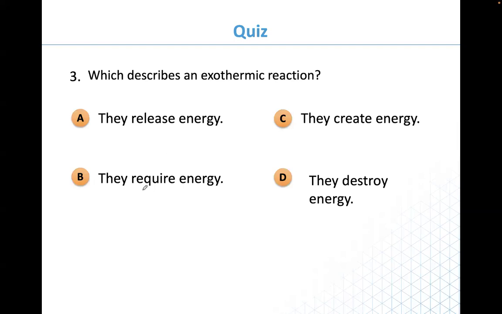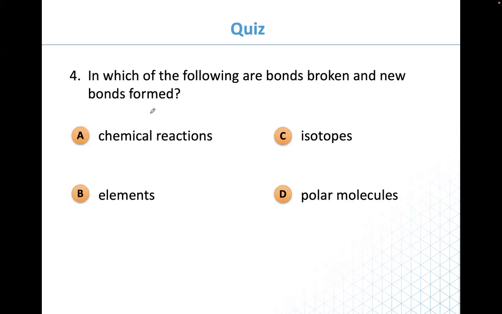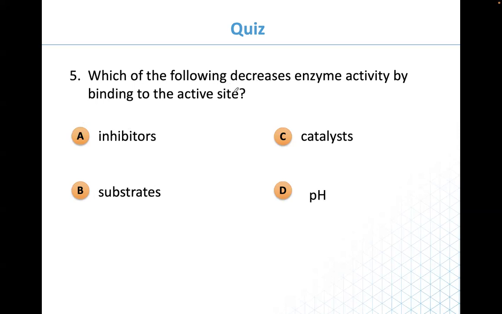They release energy, they require energy, they create energy, or they destroy energy? They release energy to the environment. In which of the following are bonds broken and new bonds formed? It happens in a chemical reaction. Which of the following decreases enzyme activity by binding to the active site? They are the inhibitors.